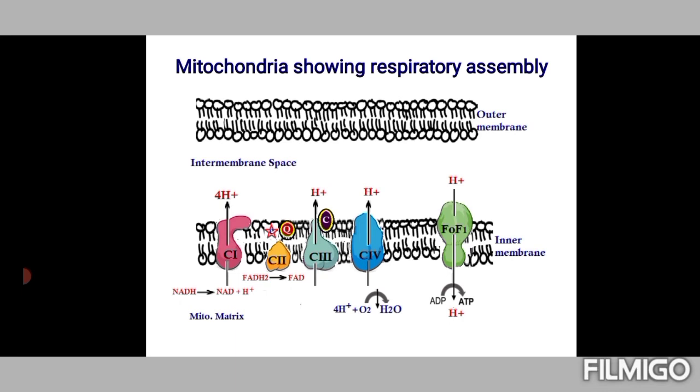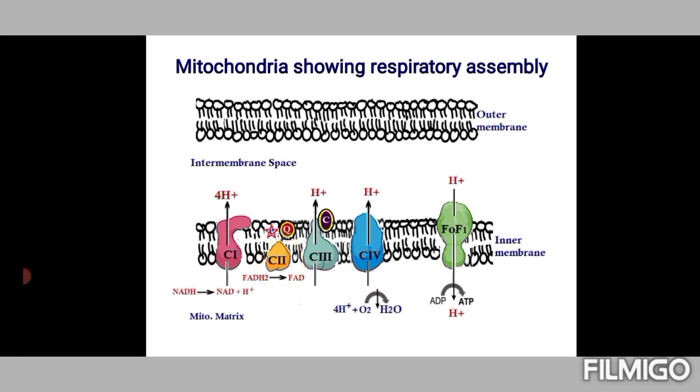Succinate dehydrogenase enzyme is a part of this enzyme, and you may recall that succinate dehydrogenase catalyzes the conversion of succinate to fumarate with release of FADH2 in one of the steps in the TCA cycle. Now, the FADH2 produced there remains attached to this complex 2, and passes these electrons to the iron sulfur cluster of complex 2.